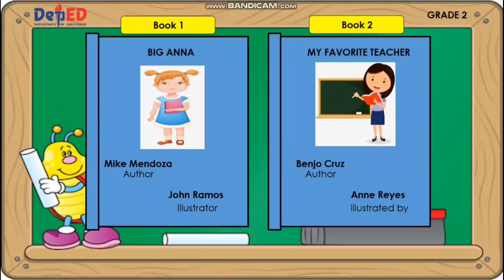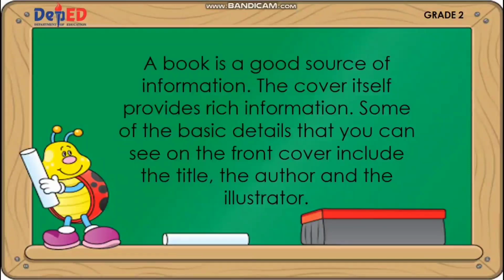Again, look at the two samples of book cover. Who do you think is the illustrator in book 1? Very good, John Ramos. How about in book 2? Who do you think is the illustrator? Brilliant, it's Anne Reyes.